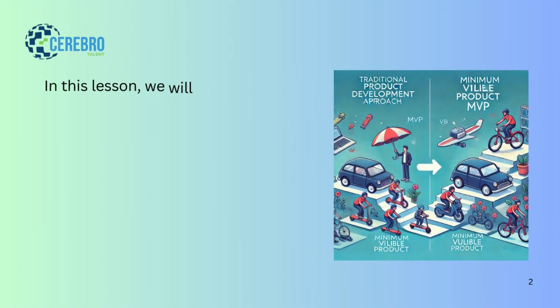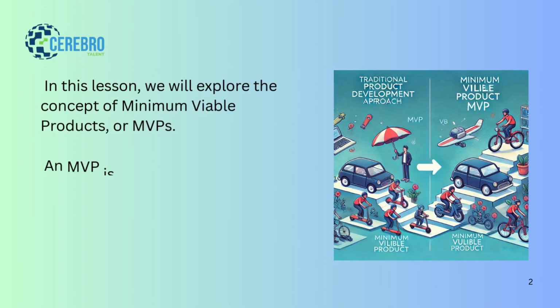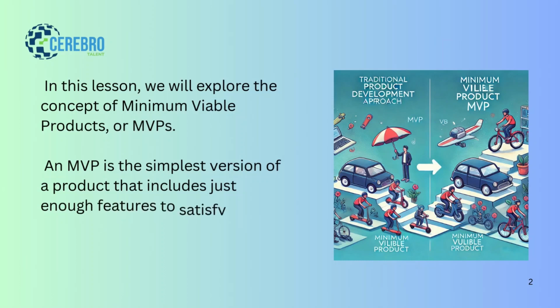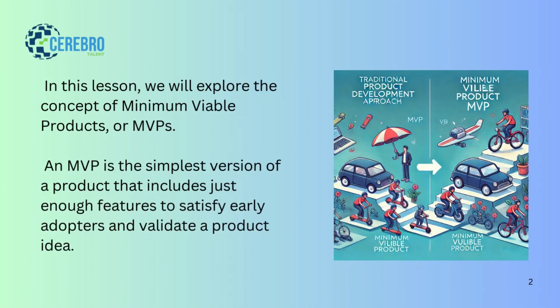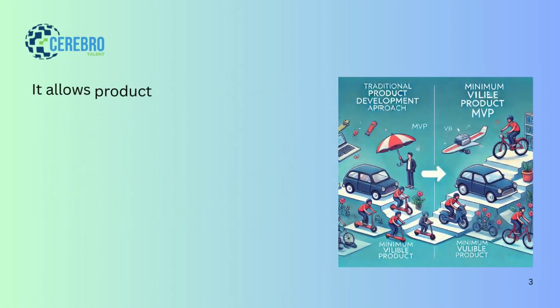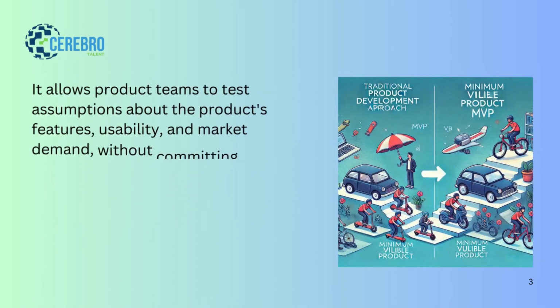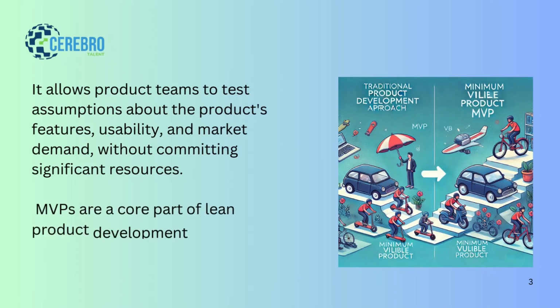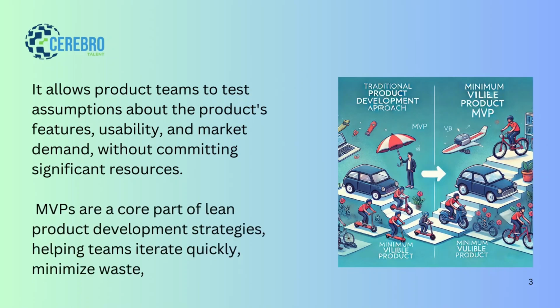In this lesson, we will explore the concept of minimum viable products, or MVPs. An MVP is the simplest version of a product that includes just enough features to satisfy early adopters and validate a product idea. It allows product teams to test assumptions about the product's features, usability, and market demand without committing significant resources.